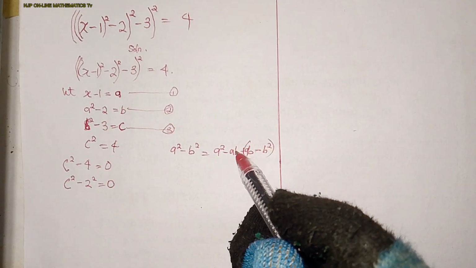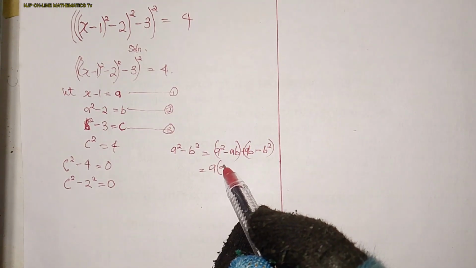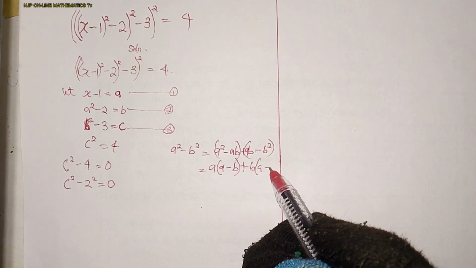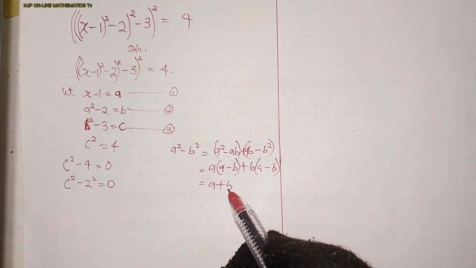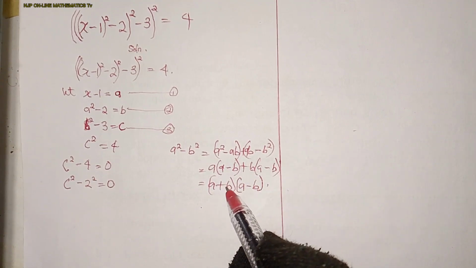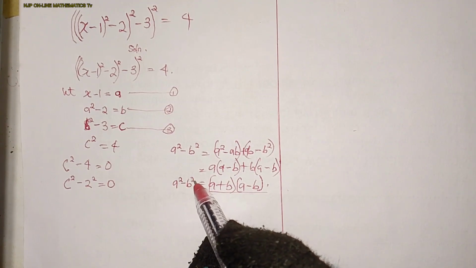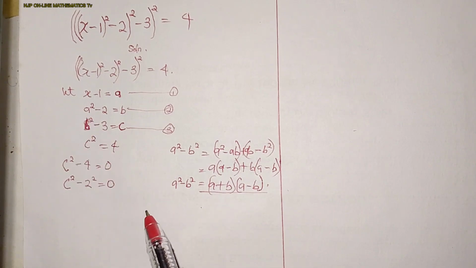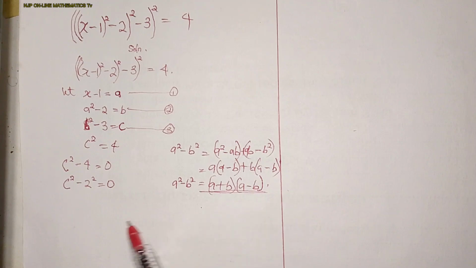If we now group them, a is common to a minus b, plus b into a minus b, and this is a plus b multiplying a minus b. We have to remember this relationship because we'll be using it more often to solve this problem. This relationship for the difference of 2 squares, we have to apply it here.